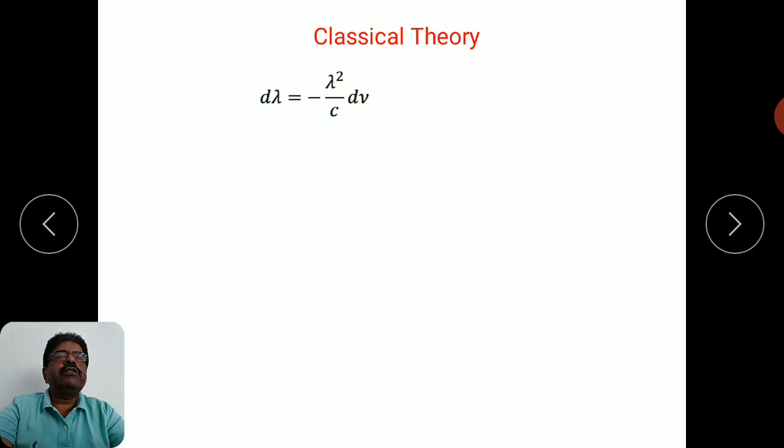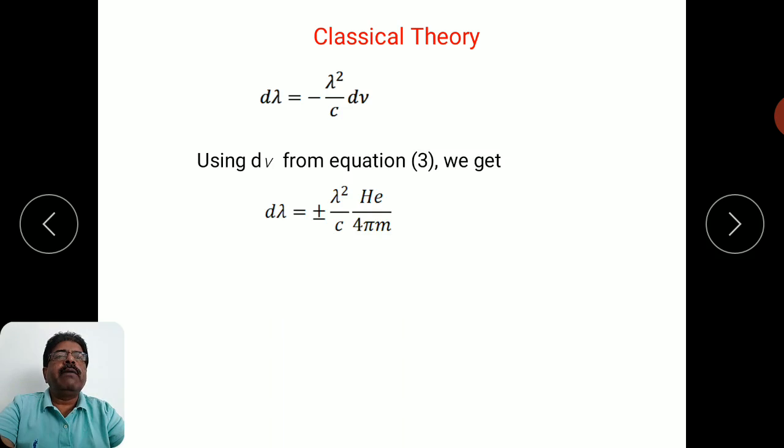Now you can substitute here dλ. Using dν from equation 3, we get dλ is equal to plus or minus λ square upon c into He upon 4πm, and this is the required final relation that gives you the two additional lines, once plus λ square upon c, He upon 4πm. dλ represents the small change in wavelength.